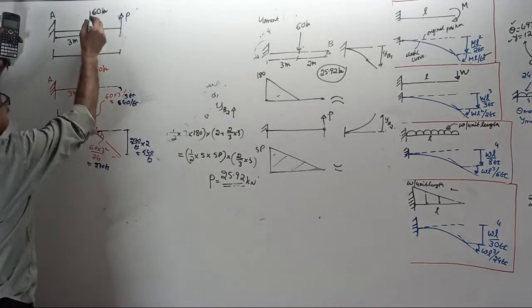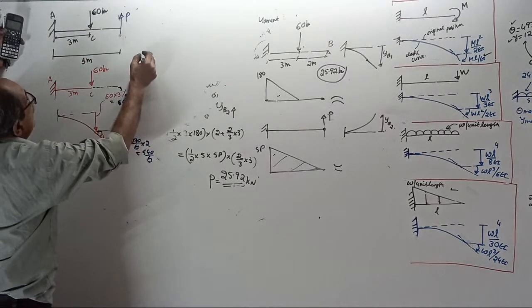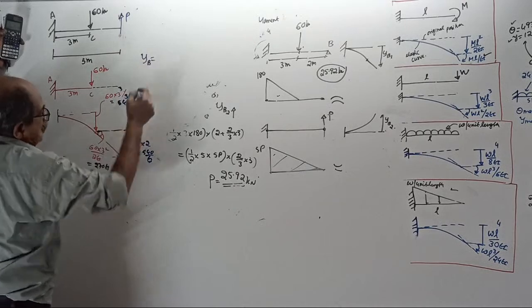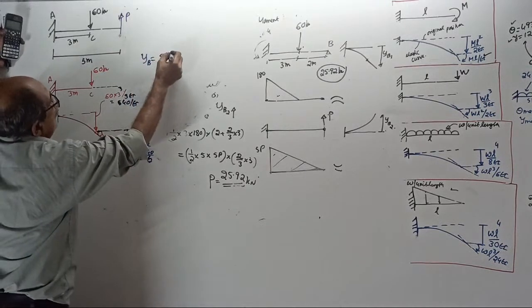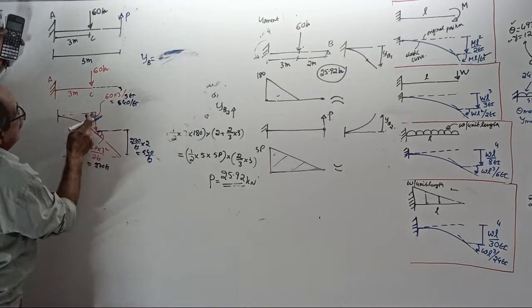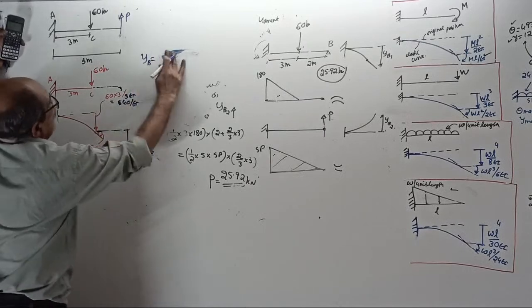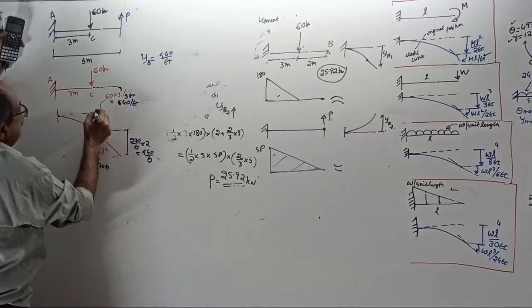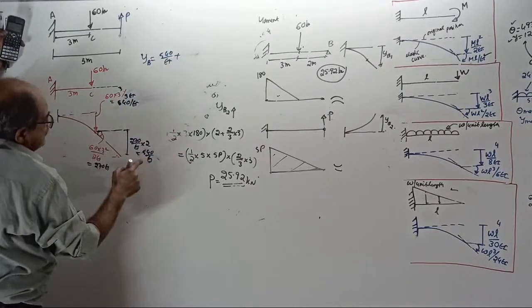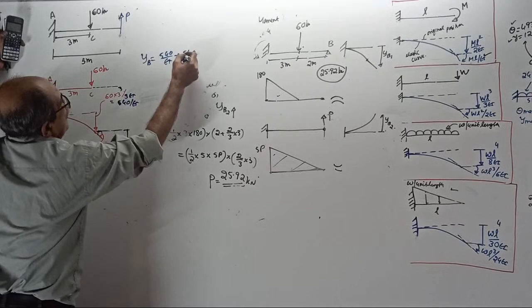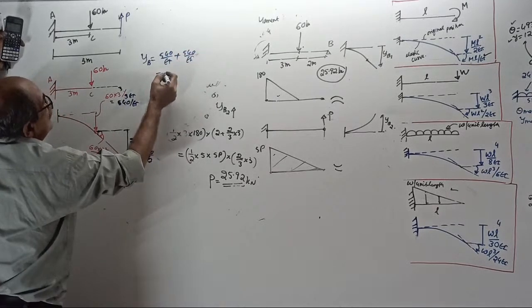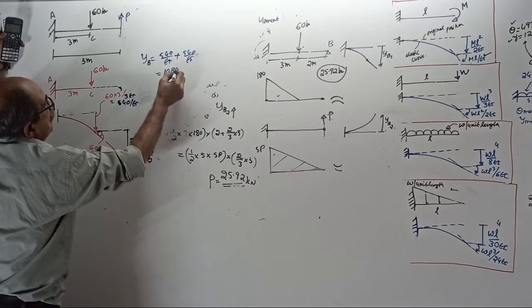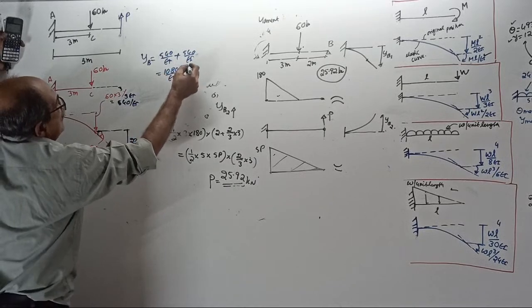Therefore, because of the 60 kilonewton, the deflection at B is 540 by EI plus extra deflection of 540 by EI. I don't know why it's coming the same. So 1080 by EI meter down.